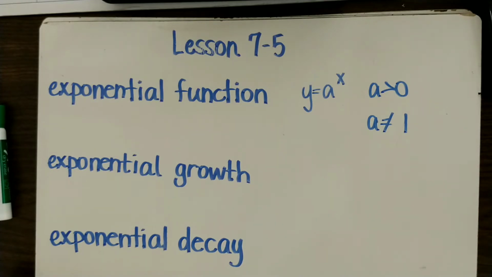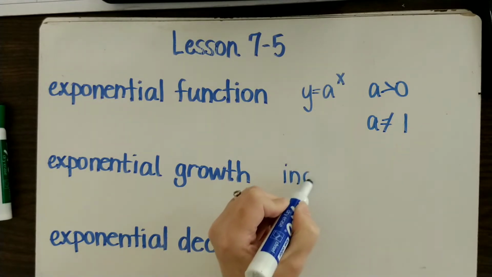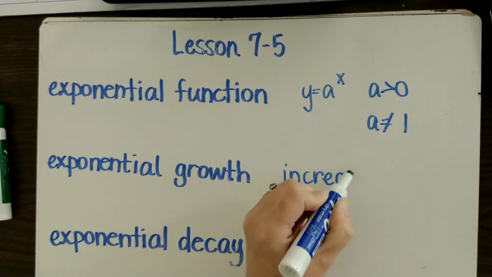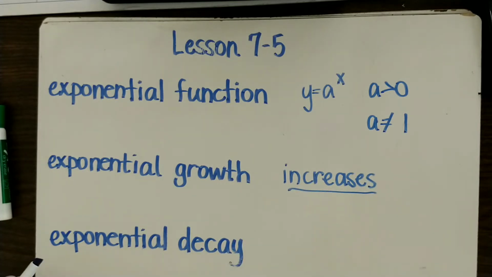When an initial amount increases, when you think of something growing, you think of it as increasing. So exponential growth is when an initial amount increases by the same percent over a given period of time.